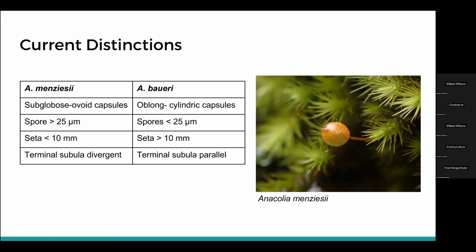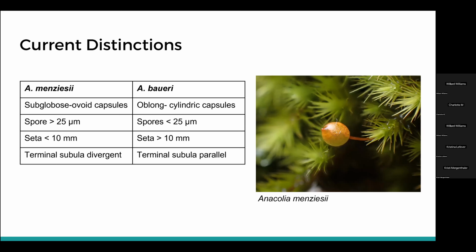Along with the capsules, another sporophyte feature is the spore size, which is larger in Menziesii, and then the seta length, which is the morphological feature that connects the capsule to the base of the shoot, is greater in Boweri than it is in Menziesii.